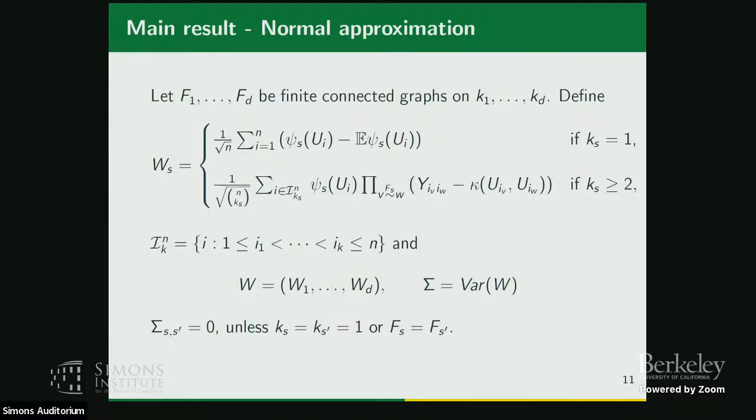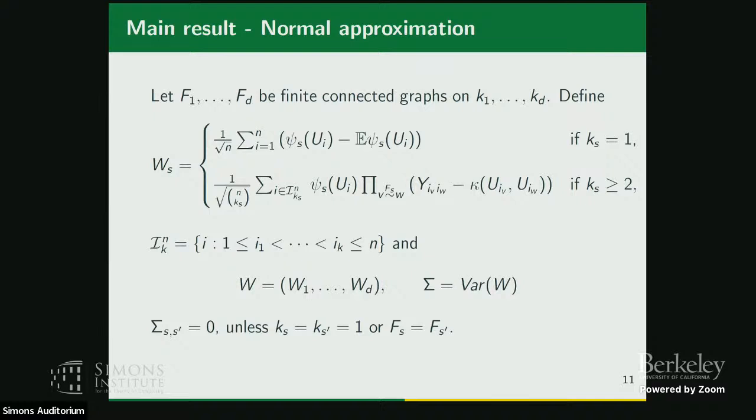What we have here is a joint CLT for any given graphs f1 to fd, which are connected. We are only looking at connected graphs because otherwise the density can be written as a product over connected components, so it's enough to look at connected graphs. If you have f1 to fd on nodes k1 to kd, then for any graph fs, if the size is equal to 1, you basically don't have any edge, so there's no centered subgraph indicator.